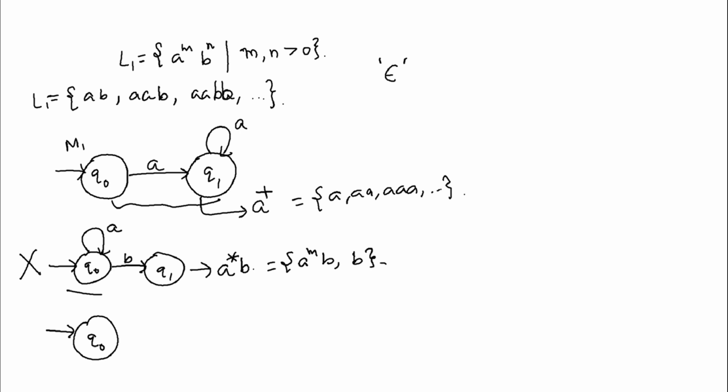But this is not the direction that you should take to construct a DFA for L1, because m is greater than 0, and so you cannot have a self loop on Q0 at A. You must go from Q0 to Q1 first on seeing A, and then you can have a self loop on Q1.